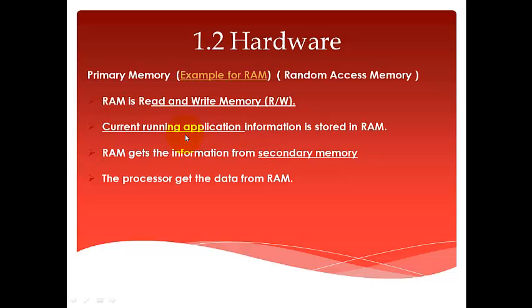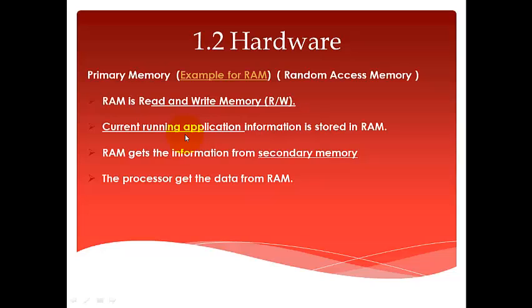Where does the processor get the data? The processor gets the data from RAM. Why? Because the processor is very fast. The speed of the processor cannot be imagined, but the hard disk is relatively slow. Whenever the processor needs data, somebody has to take and give the data, because the speeds of the processor and hard disk are not compatible. To overcome this, we have an intermediate called RAM.